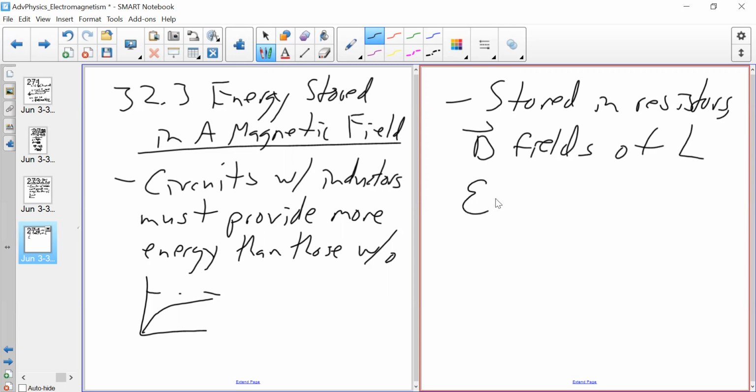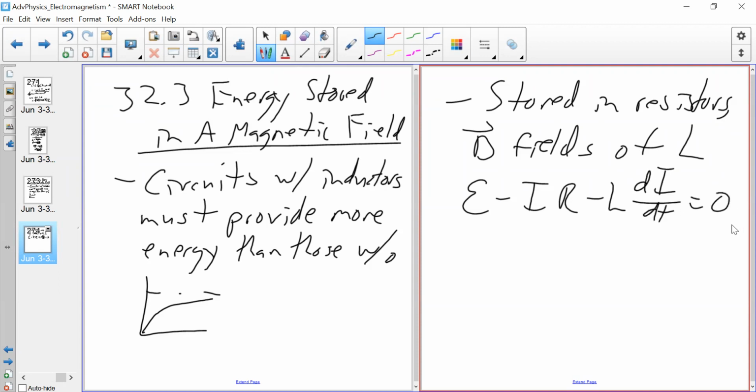So if we take this equation where we had this Kirchhoff loop rule, and we had all these different voltage drops from this battery, this source of EMF, and minus IR is going to be the voltage drop across the resistor. And we also had the voltage drop across the inductor.